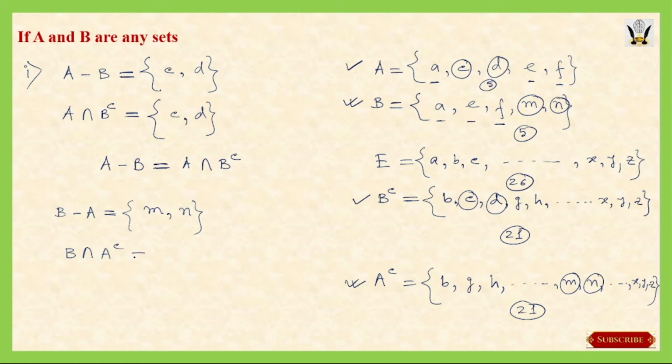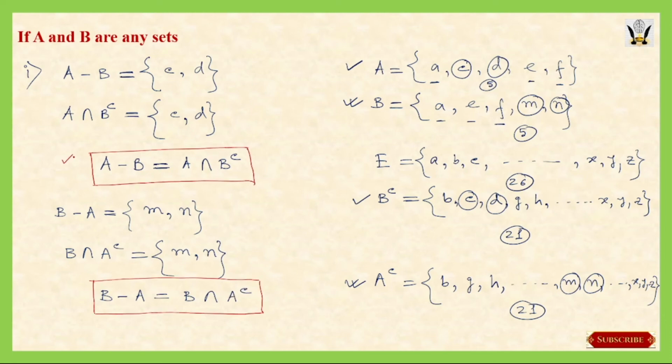So here also this resultant set will have M and N. So here also we can conclude that if we take B minus A, means we are taking the difference between second set and first set, so it will be same as when we will perform intersection between the second set and complement of the first set. So these 2 important relations we have derived in case of difference operation between 2 given sets.